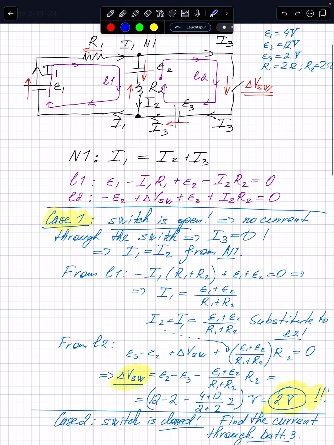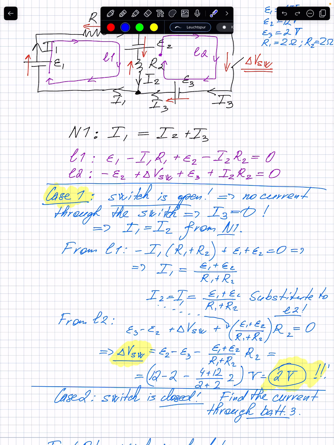All right, so now let's also consider the case where the switch is closed. If the switch is closed, there will be current now. But if the switch is closed, then the potential difference across the switch is 0. The switch is closed, which means that the wire is an equipotential surface, right?